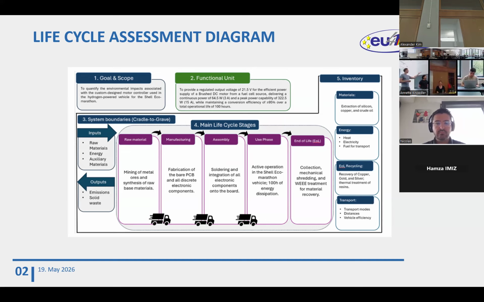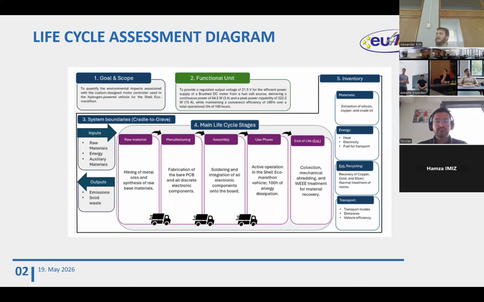You can as well see our cradle to grave part where we started with the several components, where we had several raw materials. We considered them until the process of manufacturing. From there, we transported the several parts to our assembly, where we assembled the motor controller, and then we continued with the use phase of the motor controller.